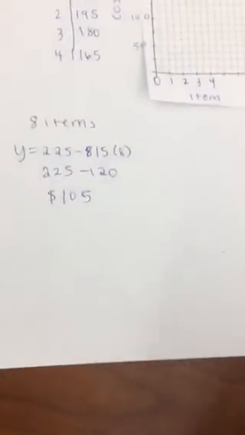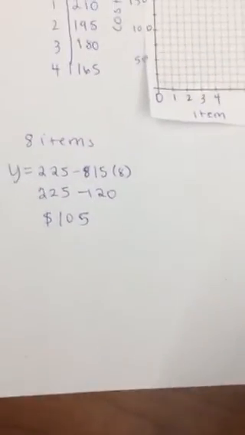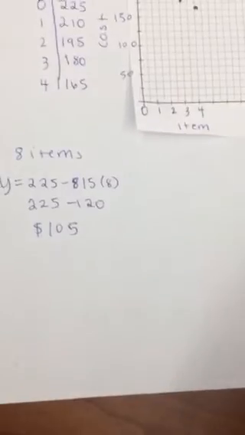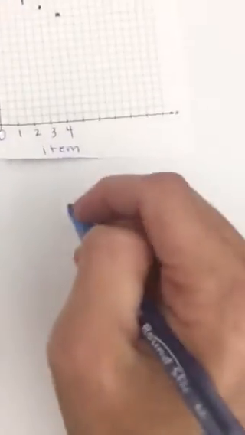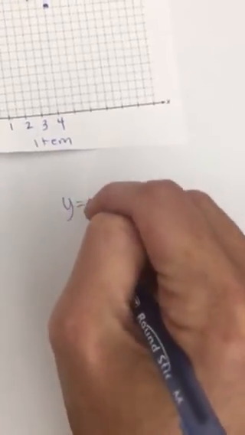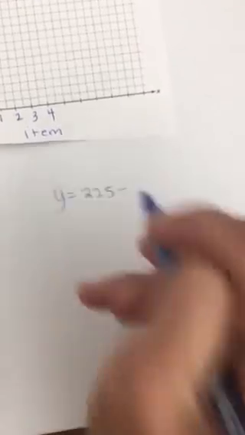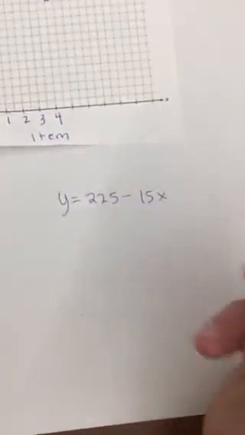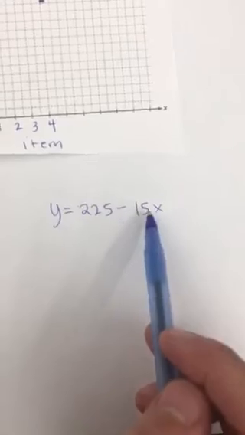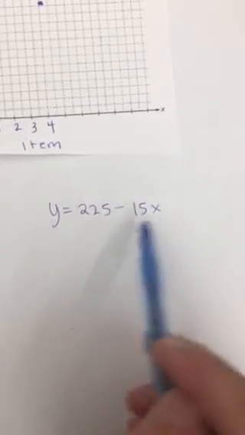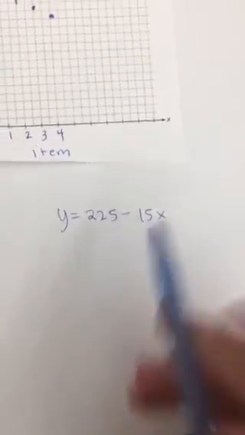Okay, I also might want to know, when is my gift card going to run out? Like, when am I not going to have any money left on my gift card? So my equation again can be helpful. I want to know when I'm not going to have any money left. Like, this is going to go down to 0.